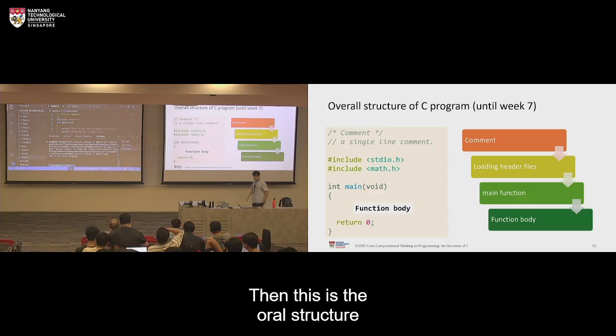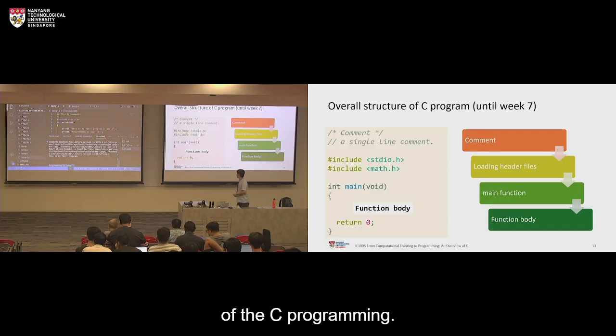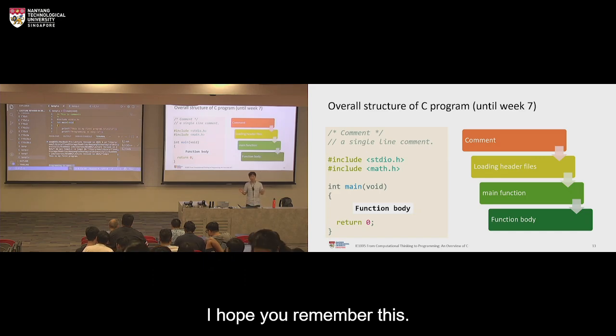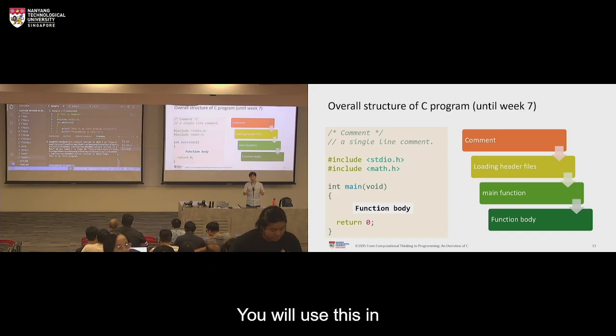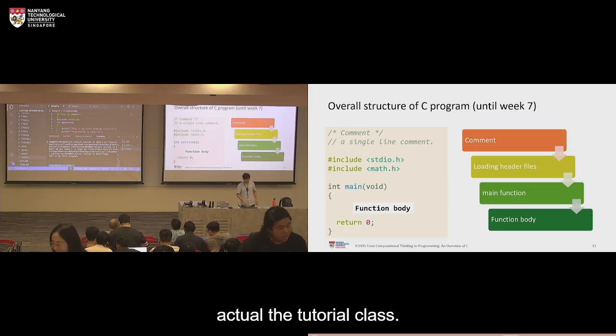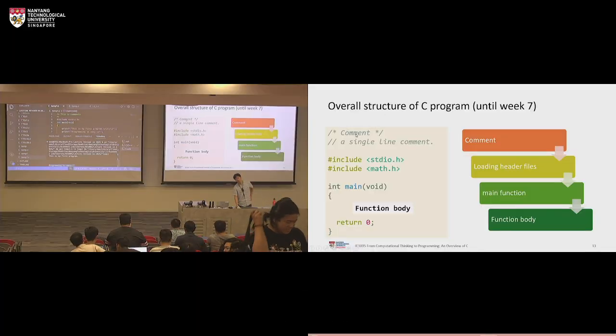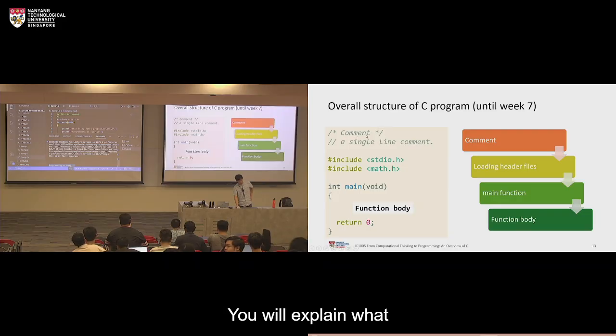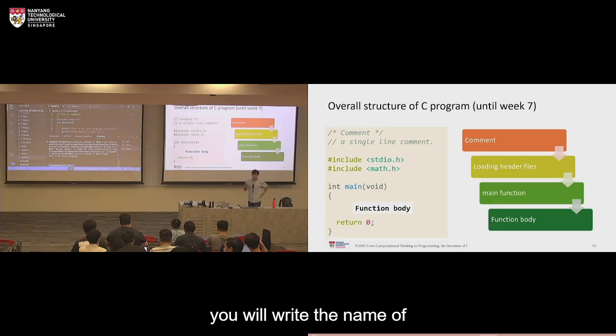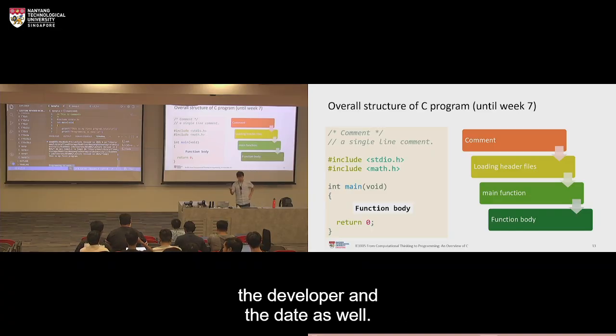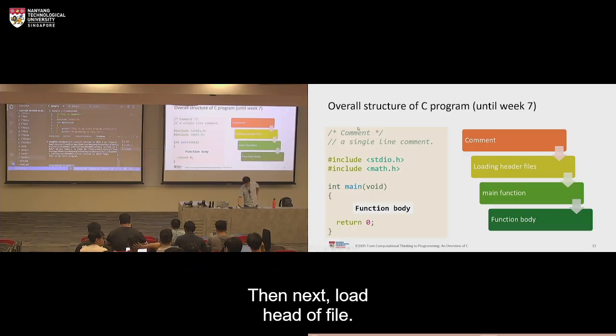Okay, then this is the overall structure of C programming. I hope you remember this, as you will use it in the actual tutorial class. First of all, write the comment. You will explain what this program is doing, and write the name of the developer and the date as well.